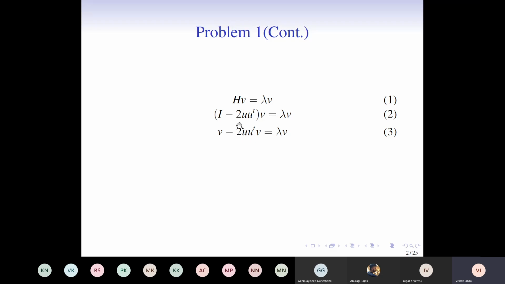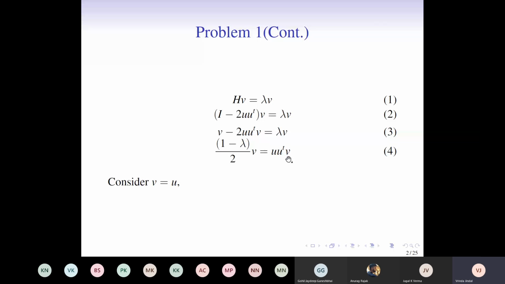So we just simplify this equation. We multiply V and get this equation: V minus 2 UU transpose V is equal to lambda times V. Just rearranging, we have 1 minus lambda by 2 as a real number here, and the matrix UU transpose here on the right hand side. So what does this say? This is similar to finding the eigenvalues and eigenvectors of UU transpose.